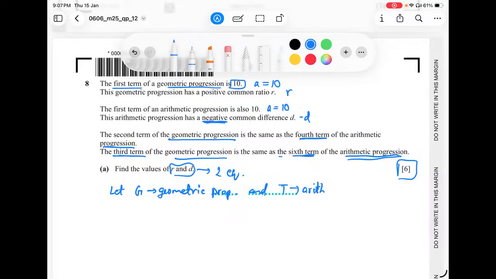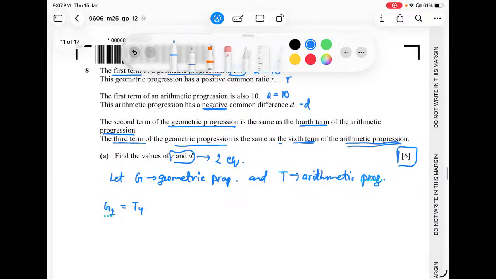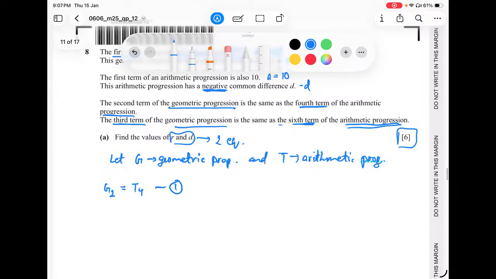So this is your arithmetic progression. So now G2 is equal to T4. That's your first equation you need to form.